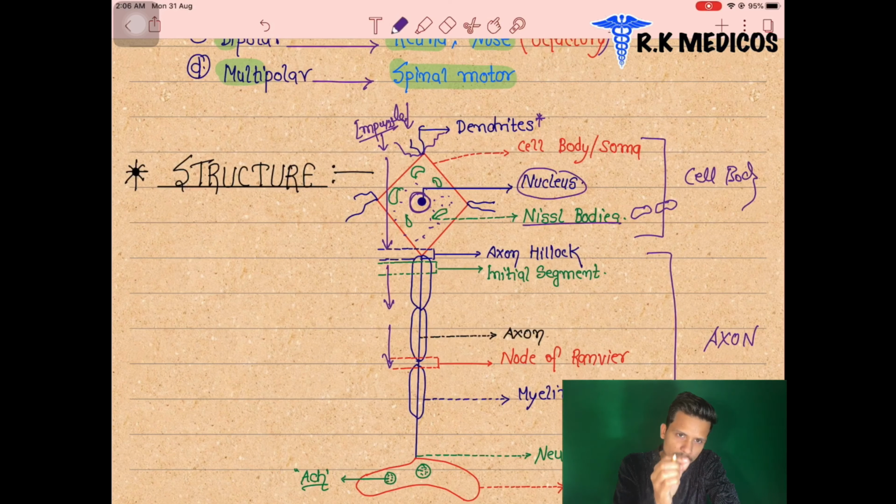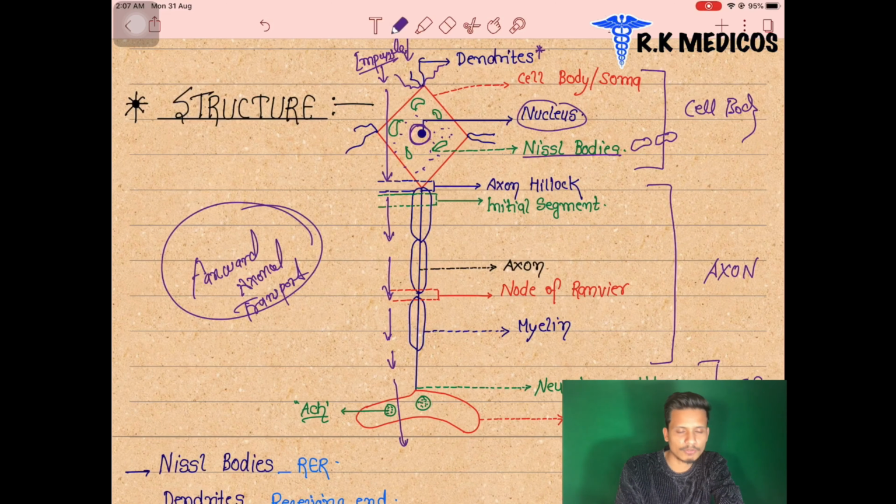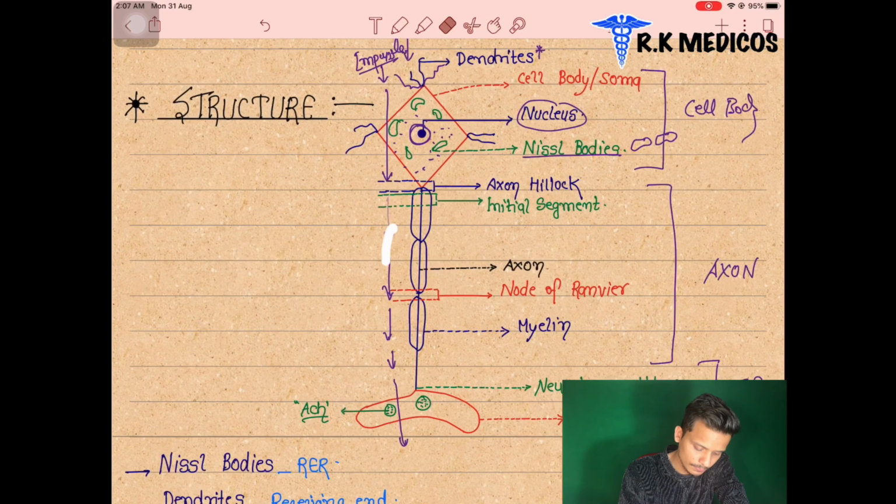They transfer from the cell body to the axon, and after that reach the synapses. This type of transmission of impulses across the neuron is called forward axonal transport of information. So the forward axonal transport is basically from the cell body to the synapses. So you have to learn it.